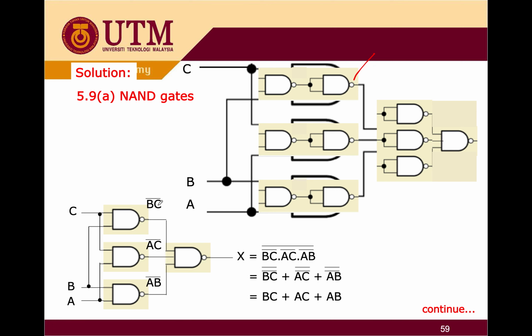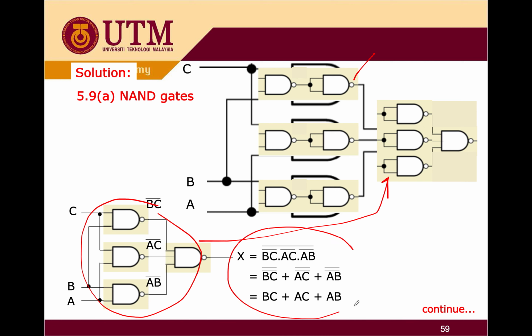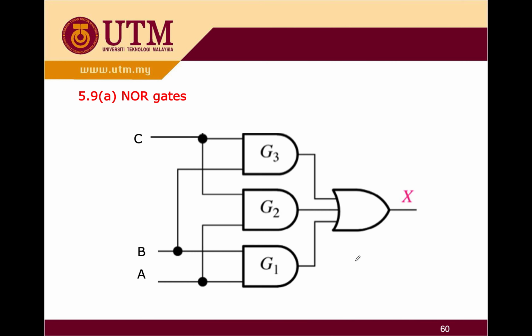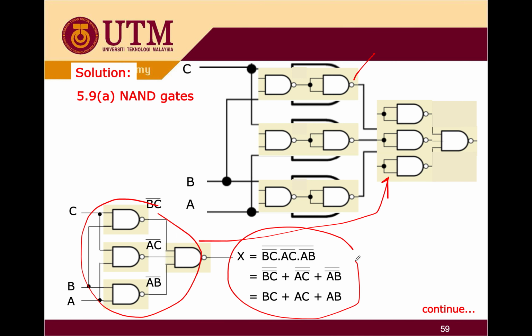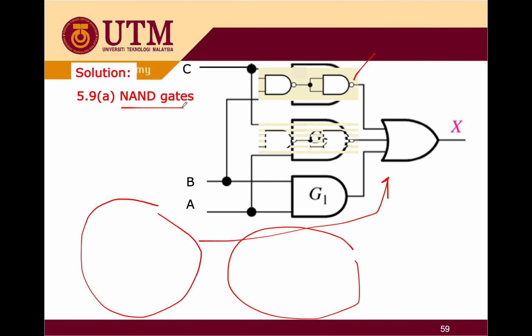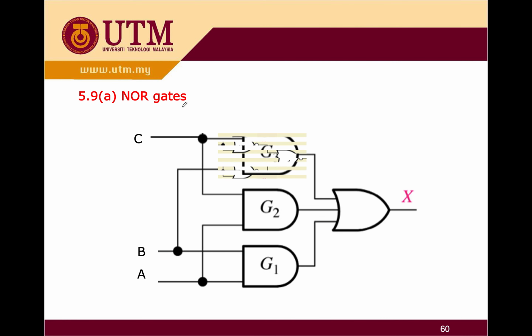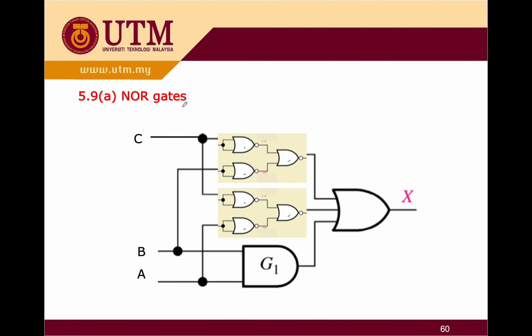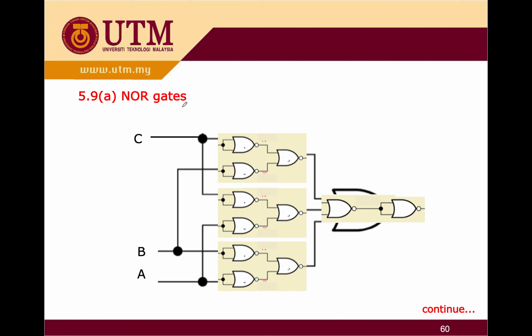From this one, you can get your output and simplify it. This one is using the NAND gate as the universal gate, and this one uses your NOR gate. So it depends on the question whether it asks you to draw using NAND gate or NOR gates.